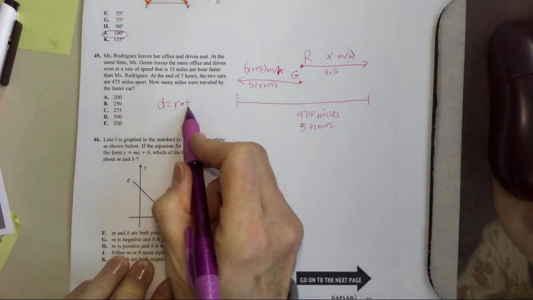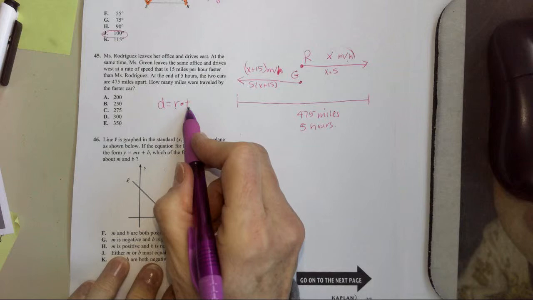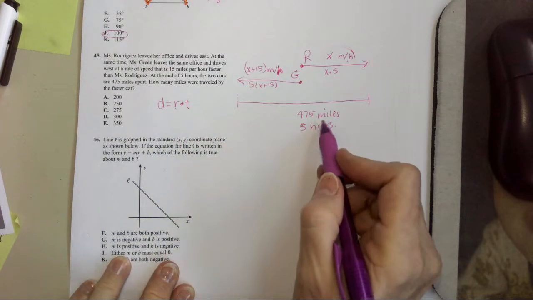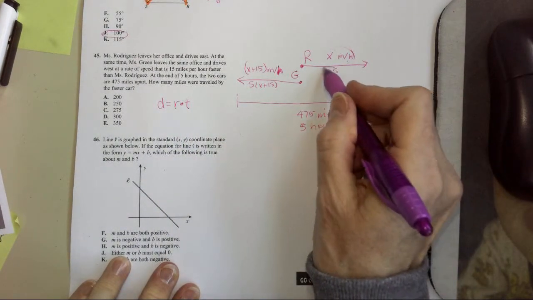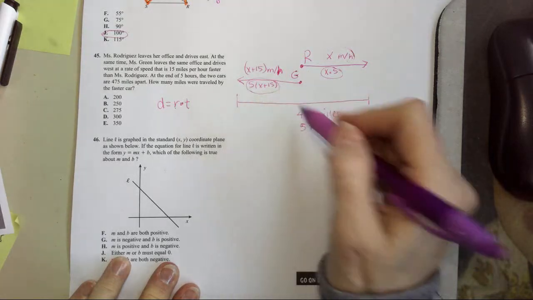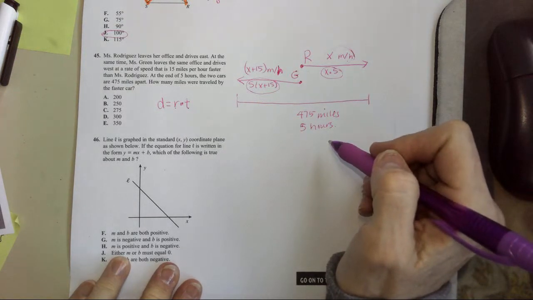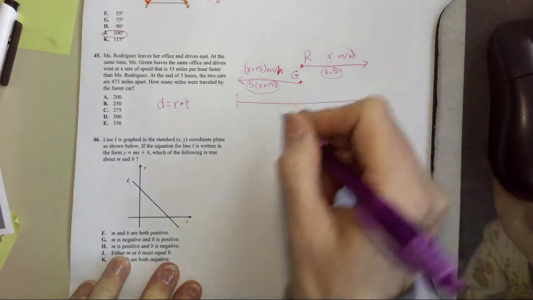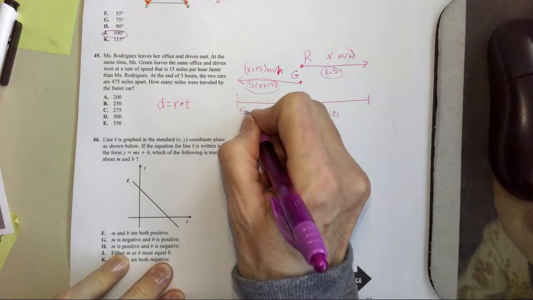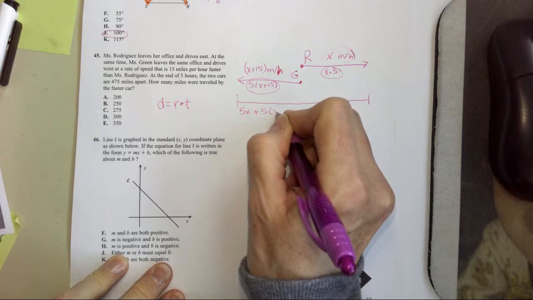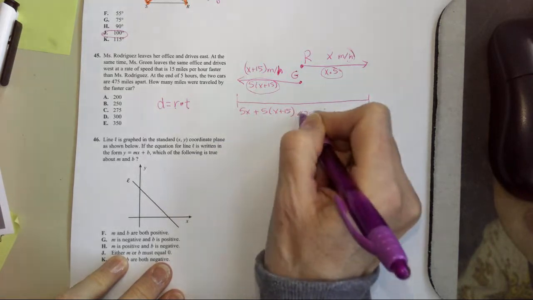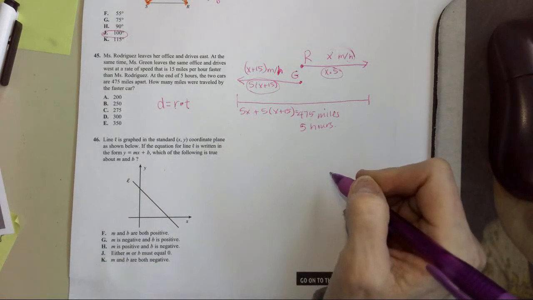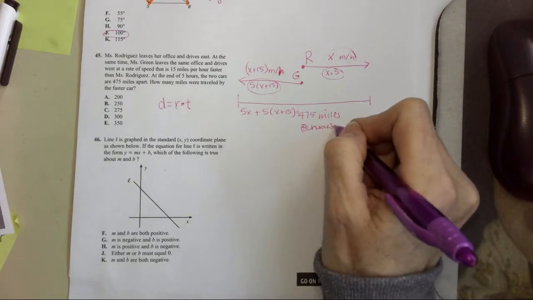So that's the rate times the time. Then we have a total of 475 miles. So let's take this distance plus this distance, put the two together, and we will have the 475 miles. So I'm going to say 5x plus 5 times x plus 15 has to equal 475 miles.